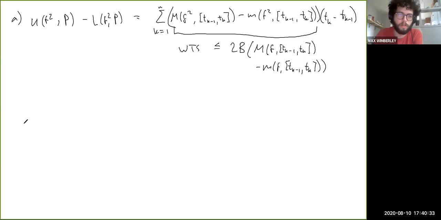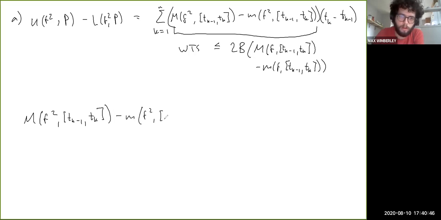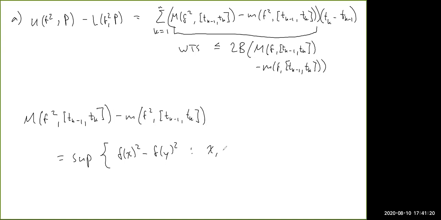It's a little bit weird, but I think you can just say, okay, M of f squared equals the supremum of f of x squared minus f of y squared, for x and y.